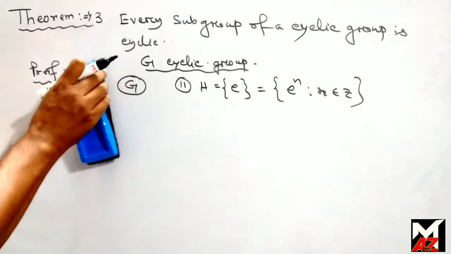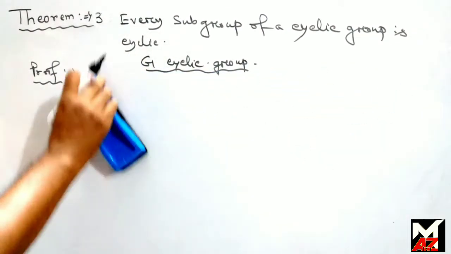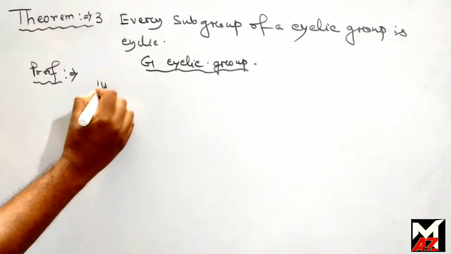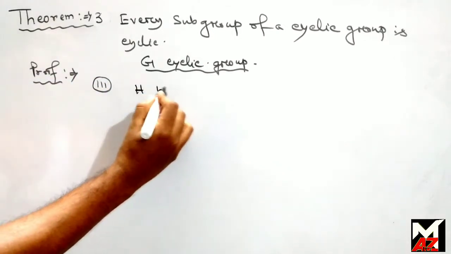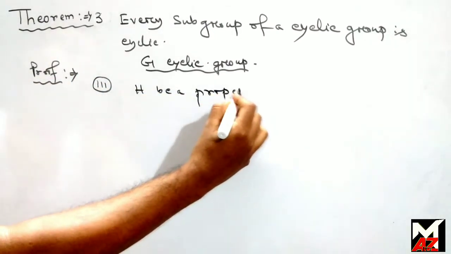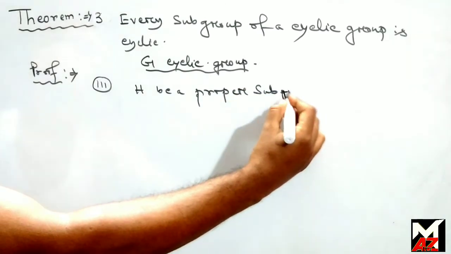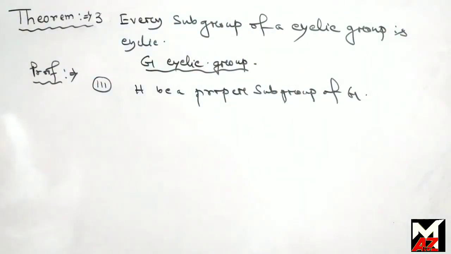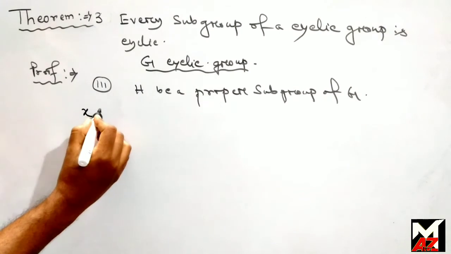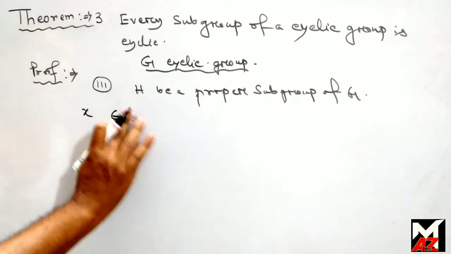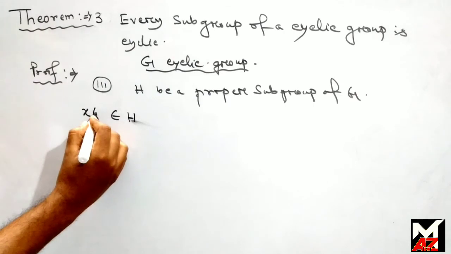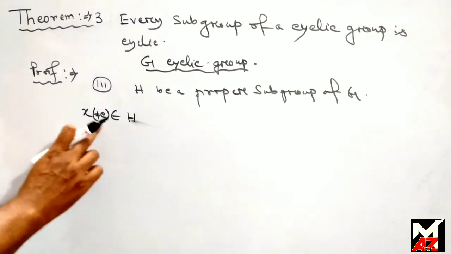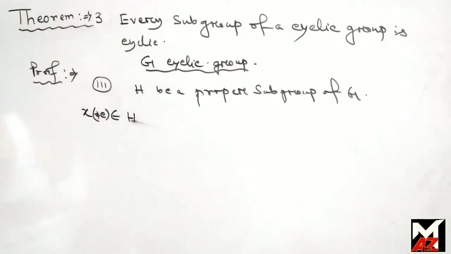Now our main work is, if we take a proper subgroup of G. This is case 3. Let H be a proper subgroup of G. Now any element x belonging to H must be not equal to e, since it is not the trivial subgroup.